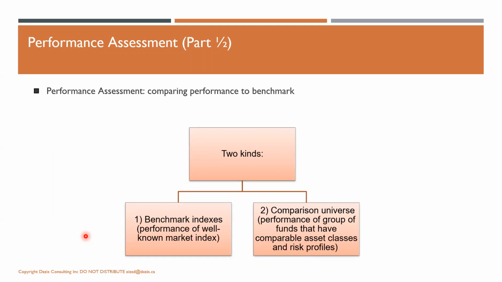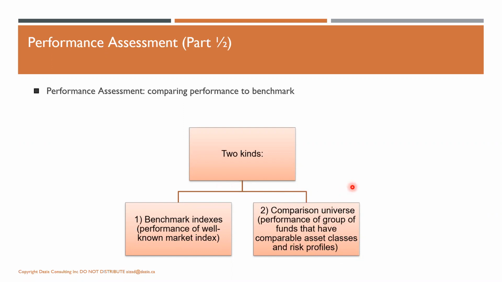For performance, to your question about the benchmark, we compare the performance either with a relevant benchmark, which is one way to calculate it, or the other way to estimate is a comparison universe, a comparison of a group of funds that have comparable asset classes and risk profiles. So comparison universe means you compare with similar funds.